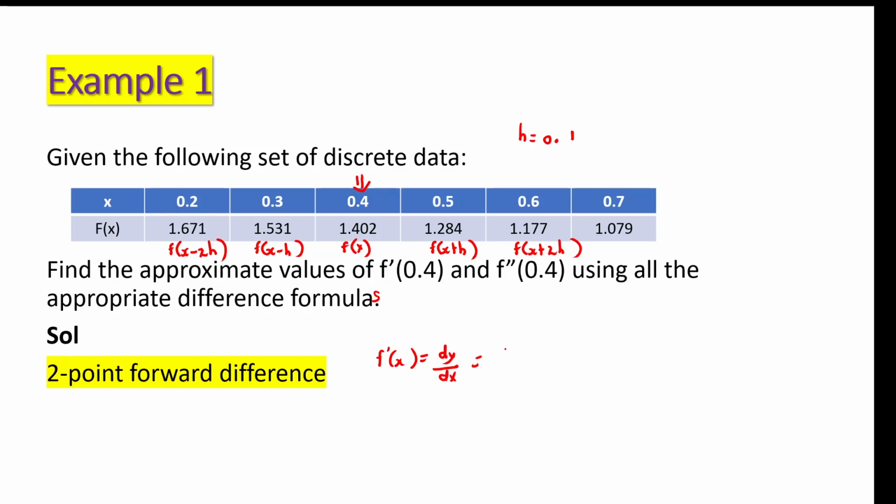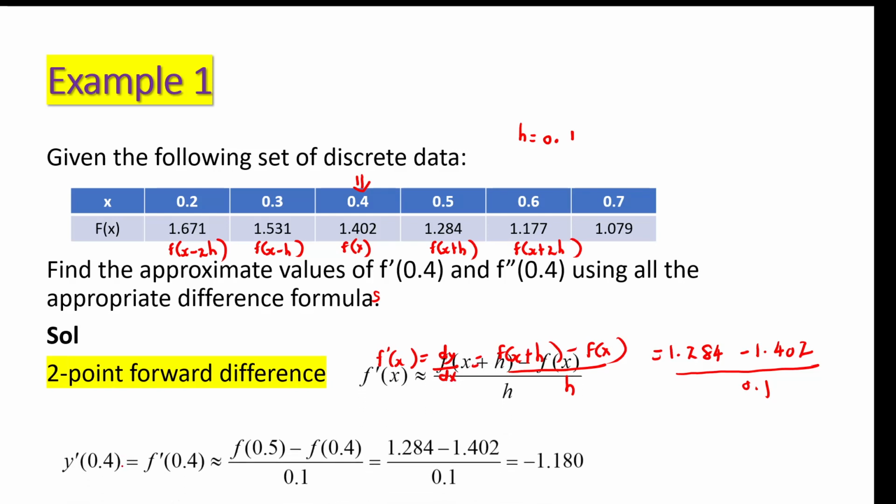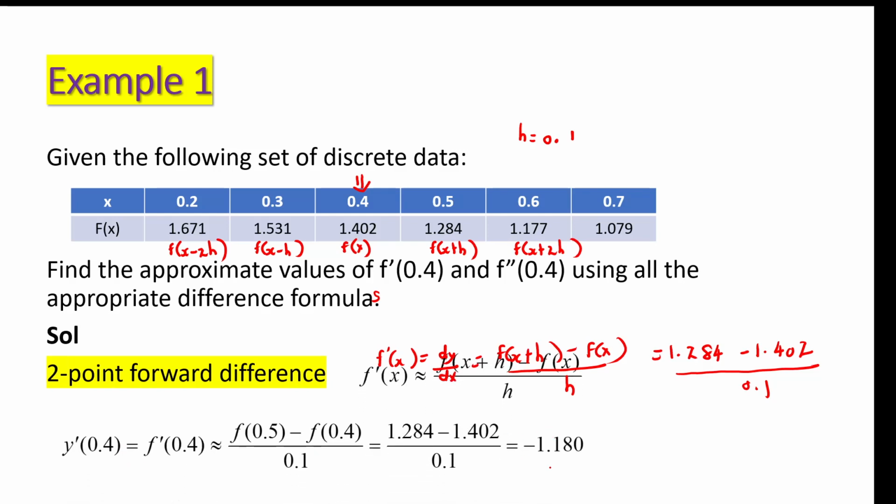It will be f(x+h) minus f(x) divided by h. f(x+h) you have 1.284, f(x) is 1.402, h is 0.1. Then you calculate it. We get the answer here, negative 1.180.